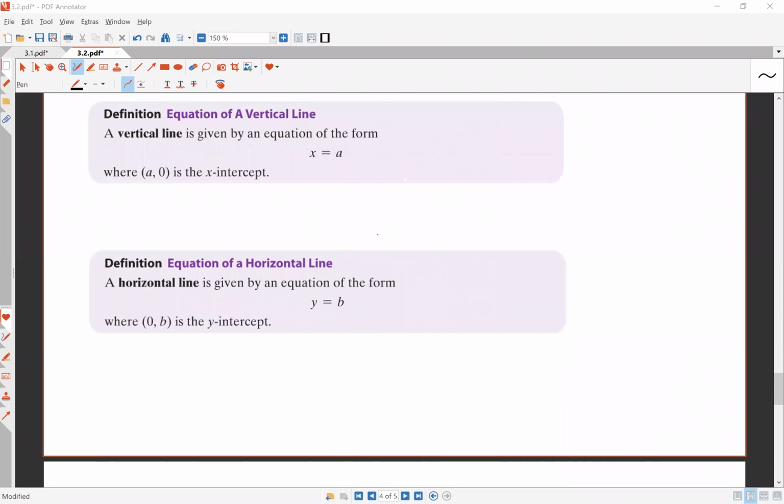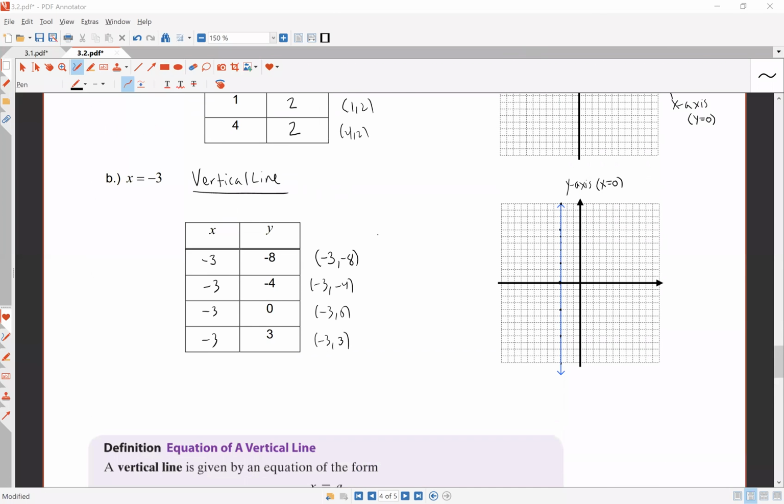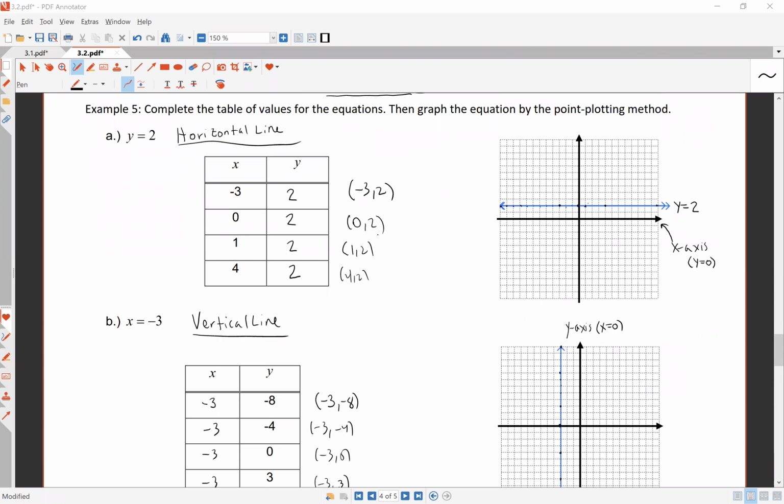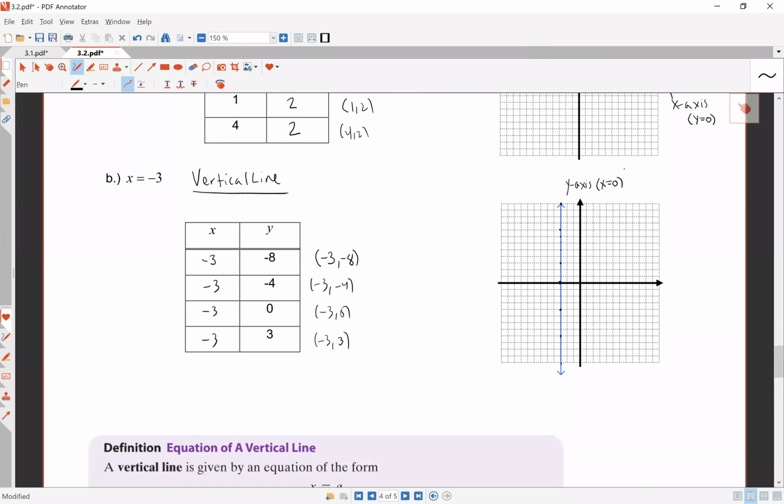Horizontal lines have an equation of the form y equals b, and they cross the y-axis at 0, comma b or 0, comma 2 in this example, with no x-intercept.